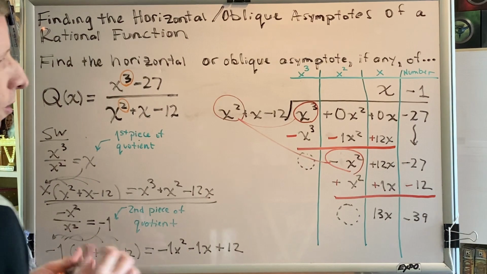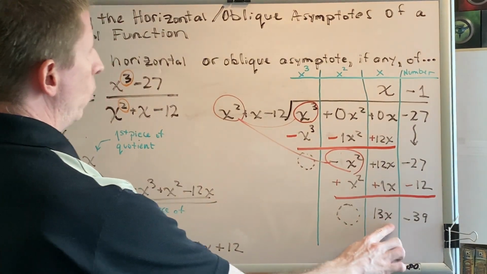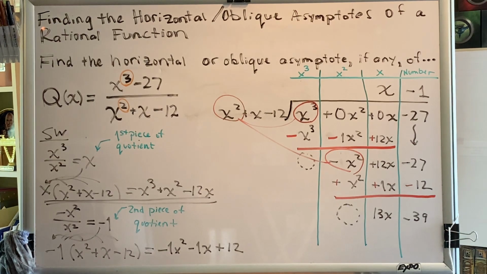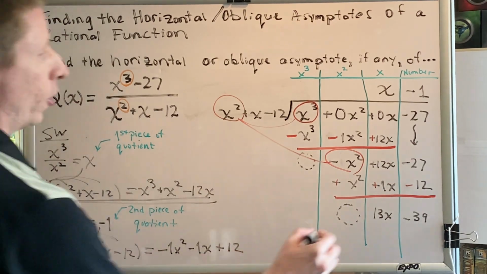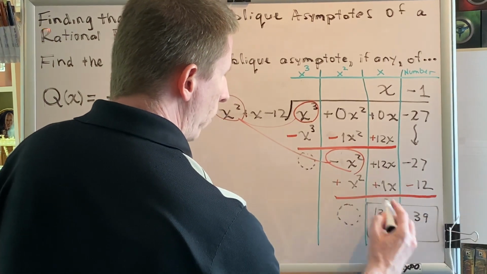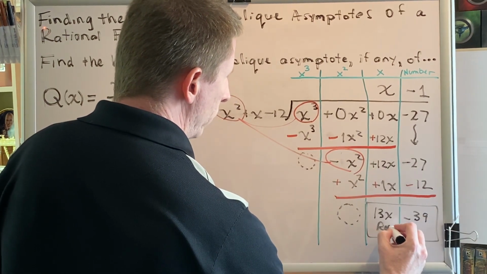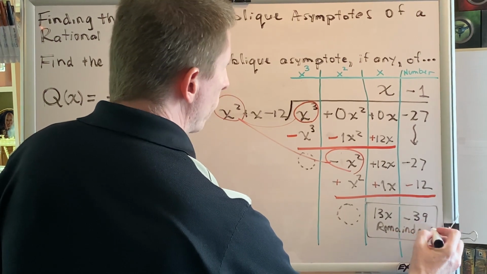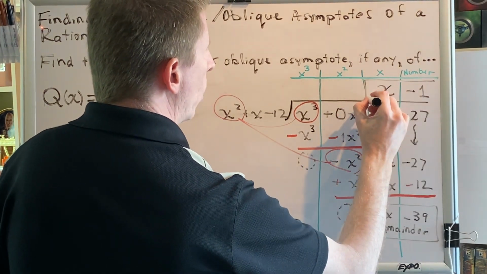Alright, the highest exponent of our dividend is 1, which finally is less than the highest exponent of our original denominator. So we are now done with the polynomial long division process. The 13x minus 39 is our remainder. And the x minus 1 is our quotient.